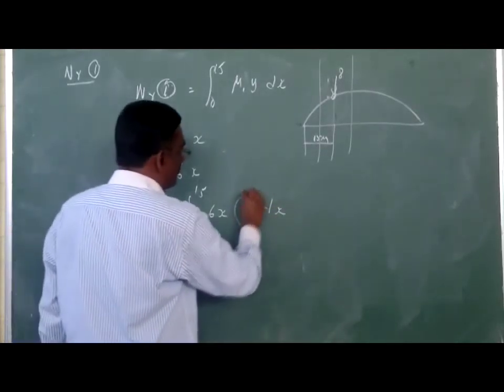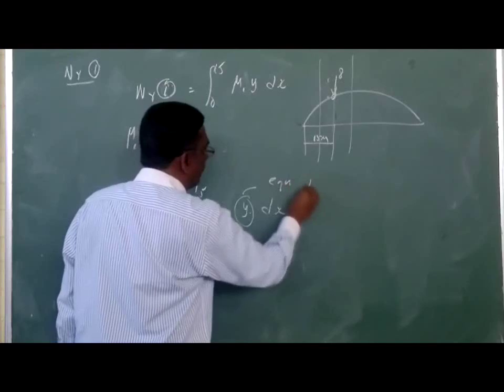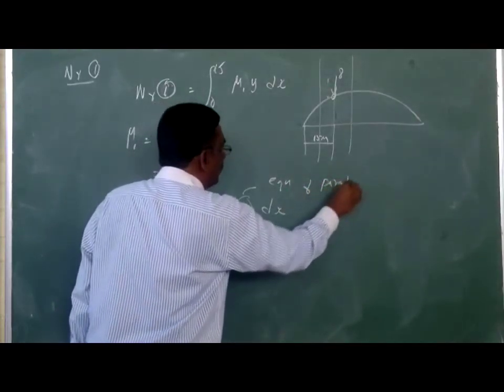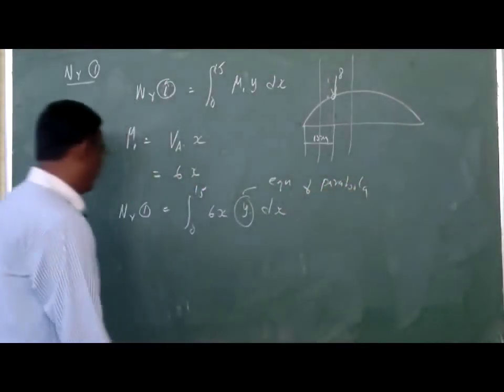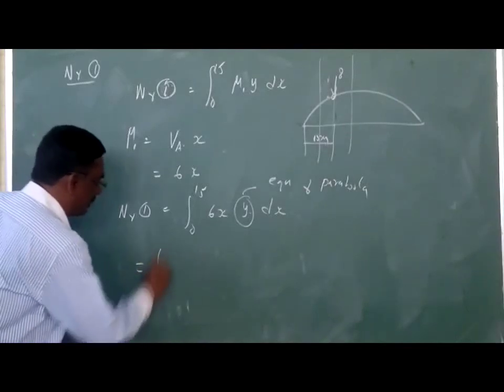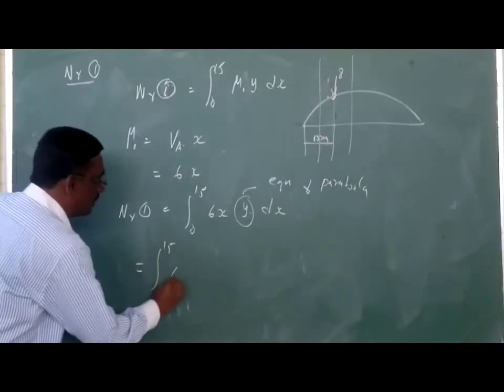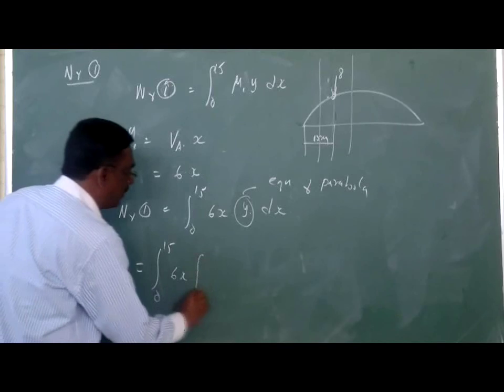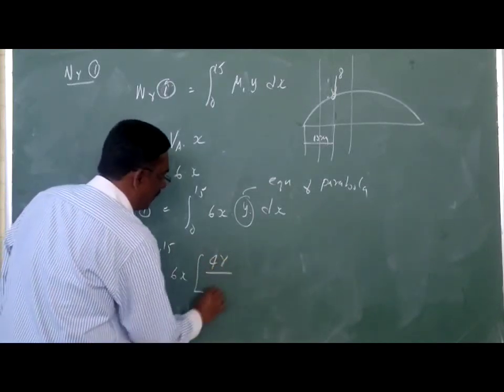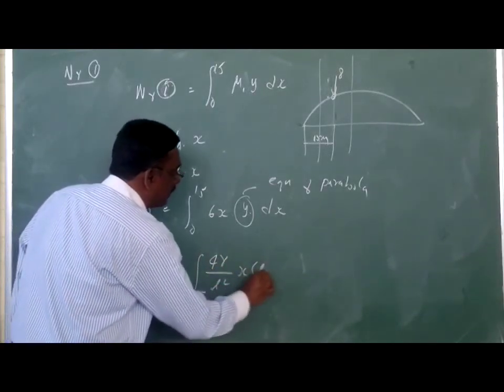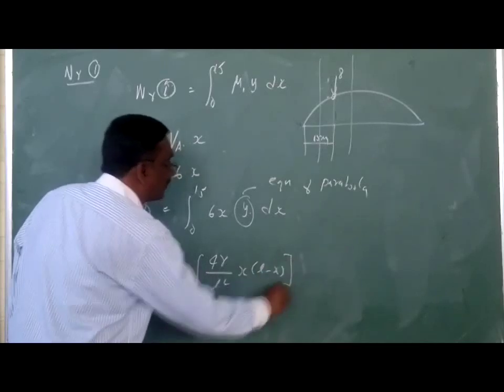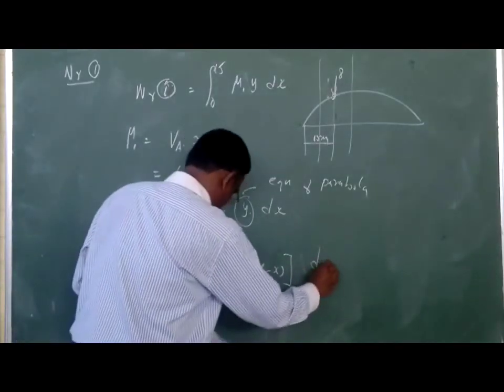Y is nothing but the equation of the parabola, which we know very well. Substituting that also here, from 0 to 15, 6x times the equation of the parabola, 4r by L square, x into L minus x, dx.